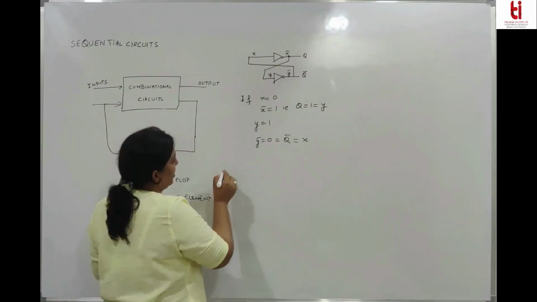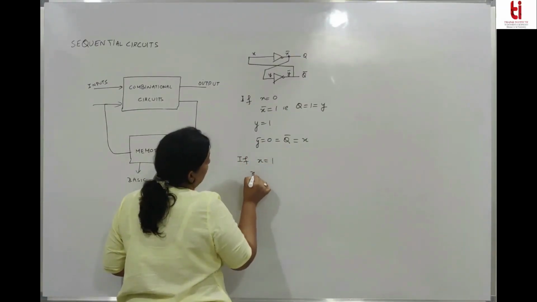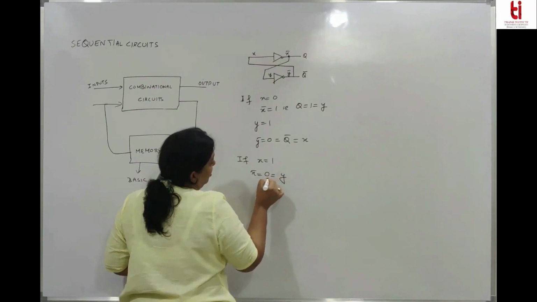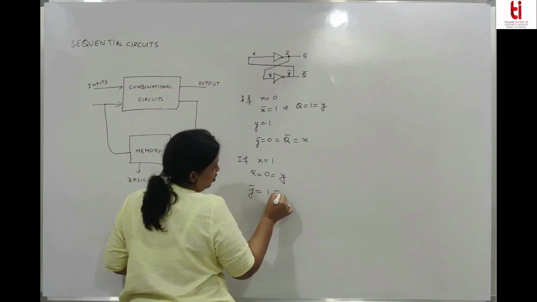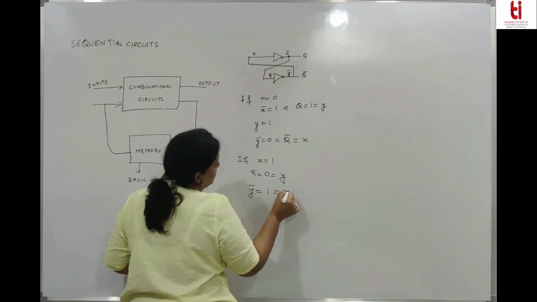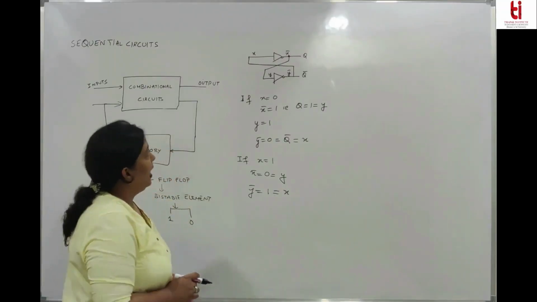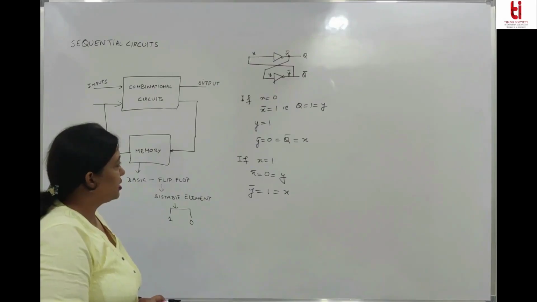And if you take the other way around, if x equals 1, then x bar will be equal to 0, equal to y, and y bar will be equal to 1, equal to x. So you can say that x bar is equal to y and y bar is equal to x.